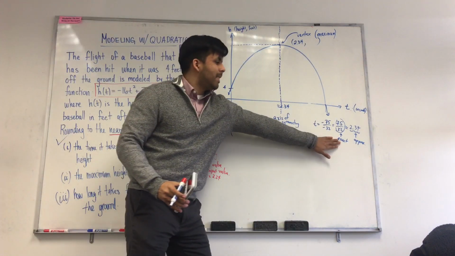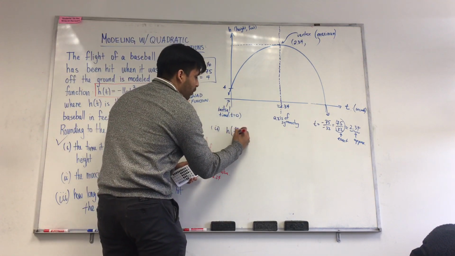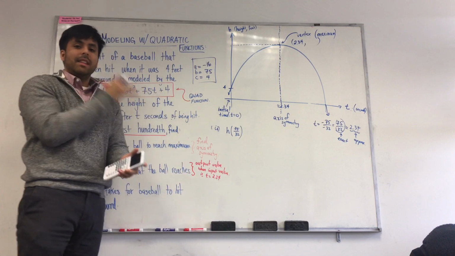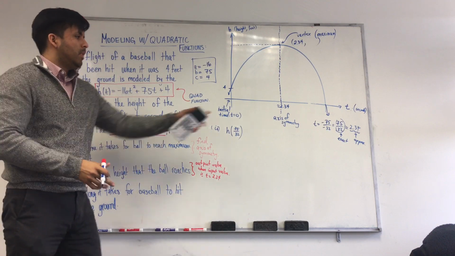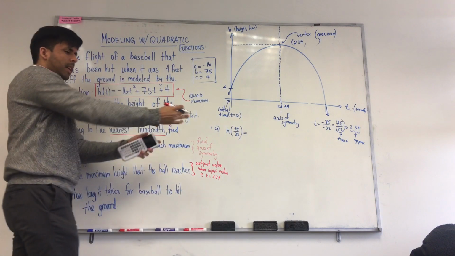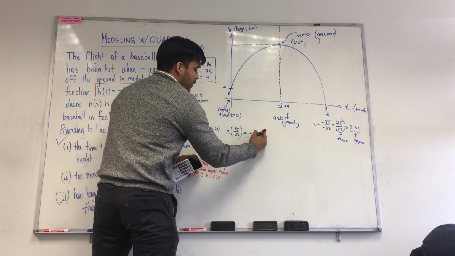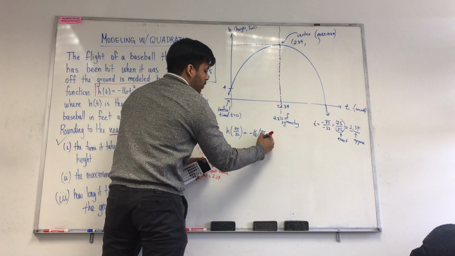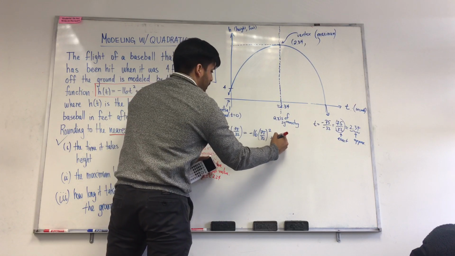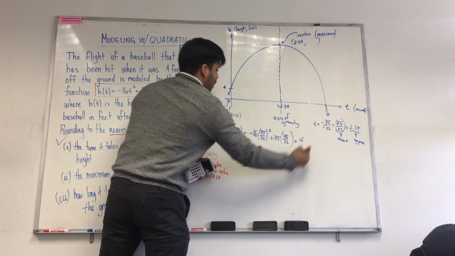So I'm going to keep the exactness and then round after. I can plug in 75 over 32 because this is exactly the time it takes. So I'm going to plug this into this function: negative 16 times 75 over 32 squared, plus 75 over 32, plus 4.